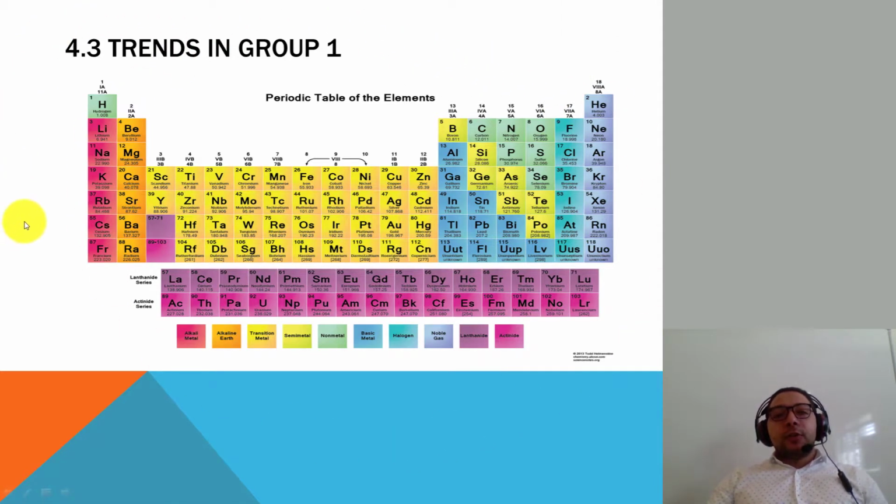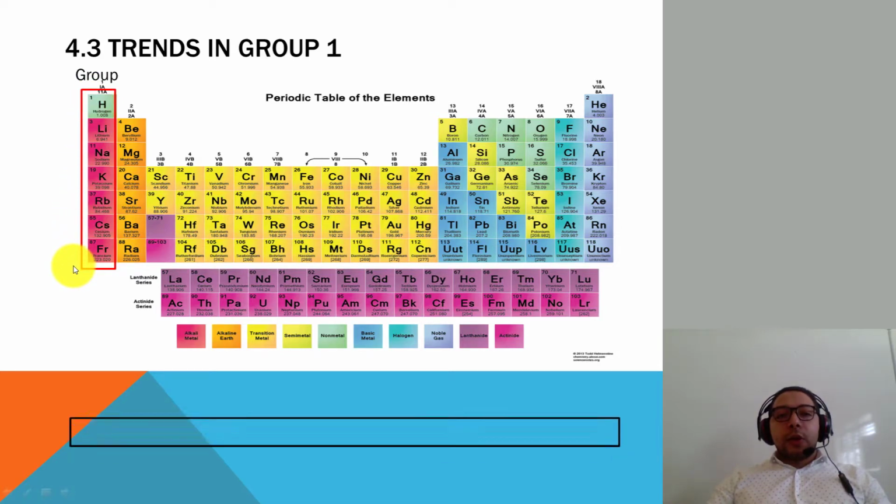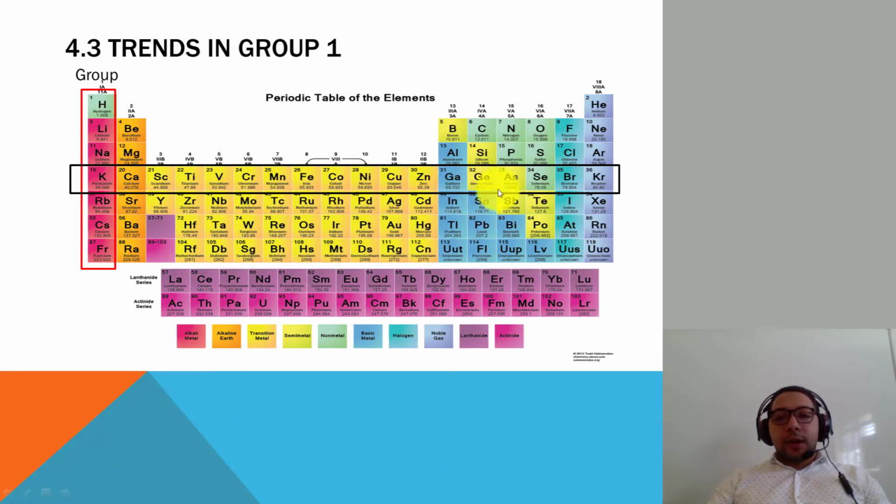The periodic table consists of groups, which go from up to down, and rows, or periods, which go from left to right. The period is when you move from left to right, and the group is when you move from up to down.